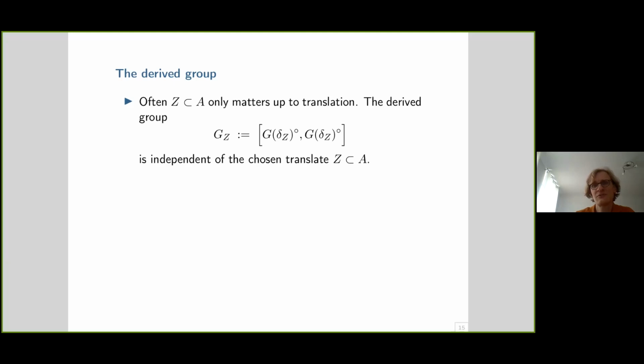So it would be better to have an invariant which is invariant under translating the subvariety. The group G of delta Z itself will change, but only mildly. So when you look at the connected component, G delta Z 0, and then you take its derived group, the commutator subgroup, this will actually be independent of the chosen translate. So this is maybe the more meaningful invariant of the subvariety.